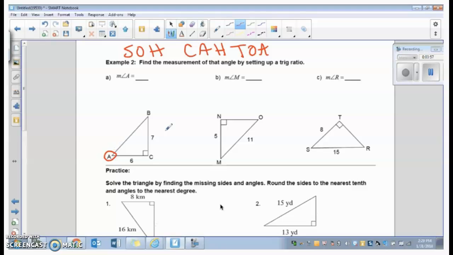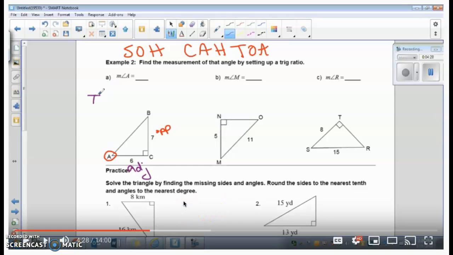We're looking at angle A, so that's our reference angle. In a lot of these problems, only two sides are given to us. We can use the Pythagorean theorem to find the third side, but it's easier to stick with the values that are given to us directly. So we're dealing with opposite and adjacent.